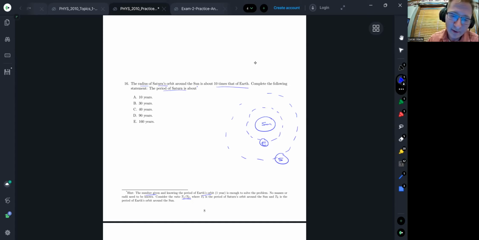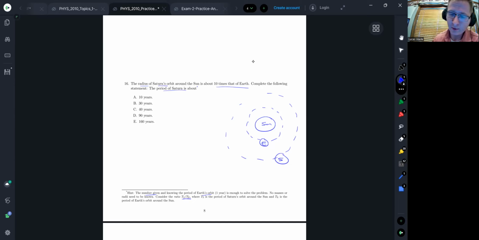And so right off the bat, what do we expect about how Saturn's orbit compares to Earth's? Is it bigger, smaller, the same? Bigger. So it's farther away. The force of gravity is not doing as much on Saturn. It's not going to be 10 times, and we'll see why. But it is going to be larger by some amount.